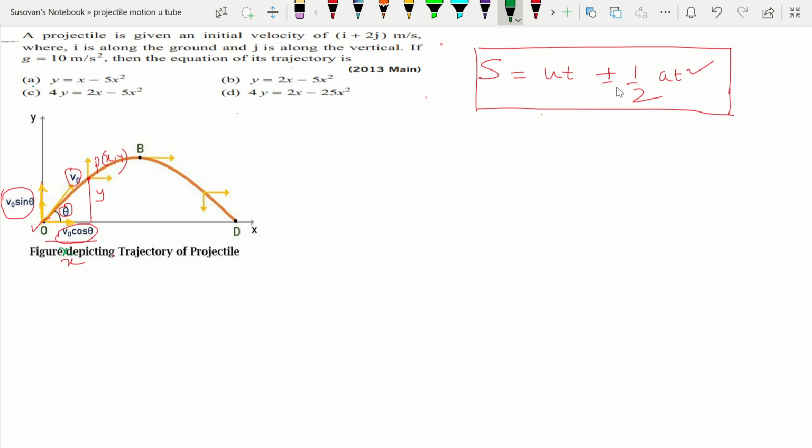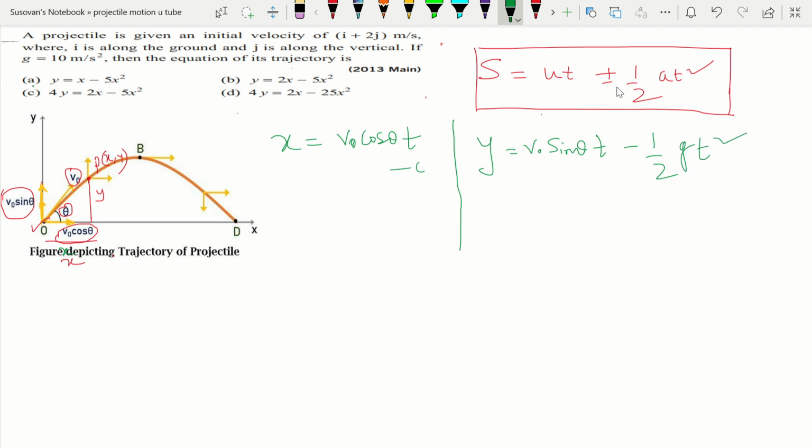So x will be simply velocity into time, but in the y direction the motion is retarded because there is a deceleration which is equal to g, and g means acceleration due to gravity. So y will be v0 sin theta t minus half of g t square.